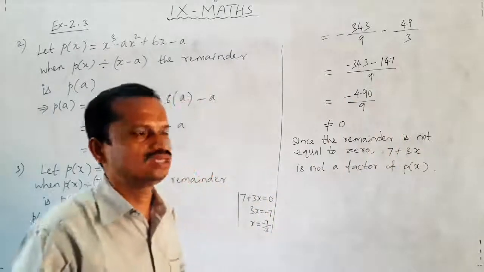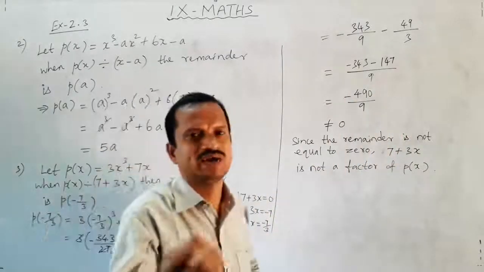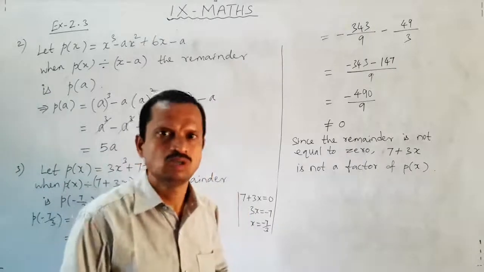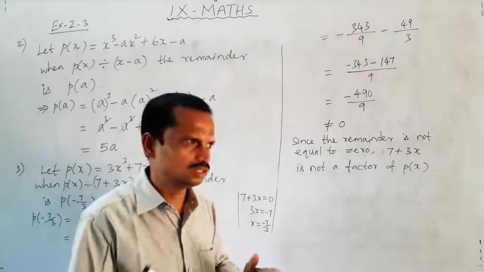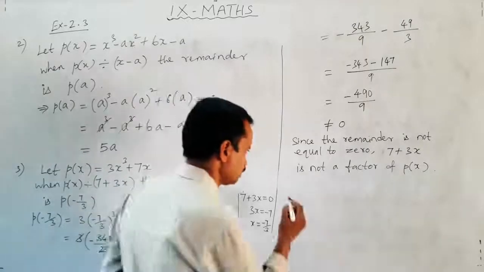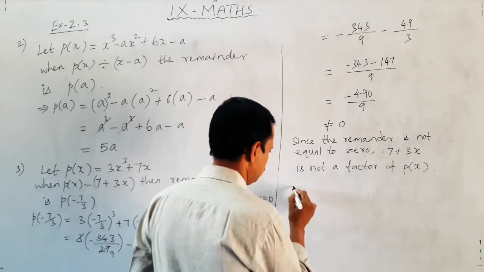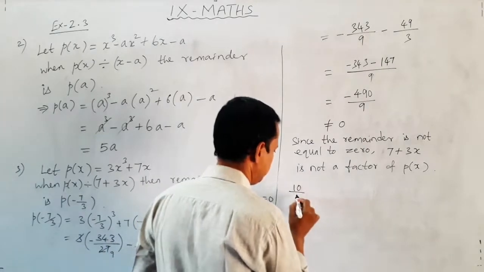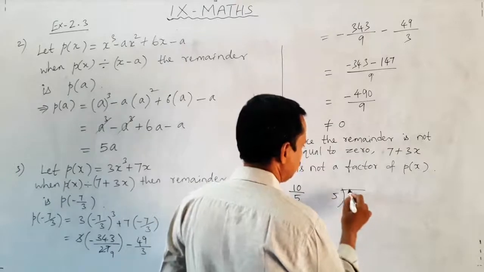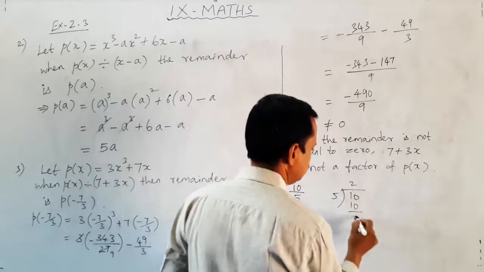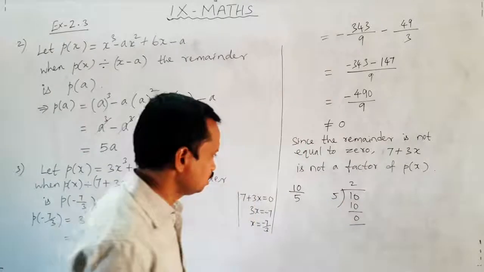So we say a divisor is a factor when we get the remainder 0. We can understand this by a simple concept. You see, 10 divided by 5: 5 2s are 10, the remainder is 0. Clear?